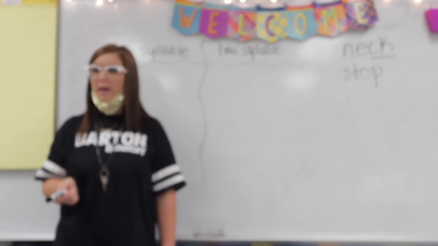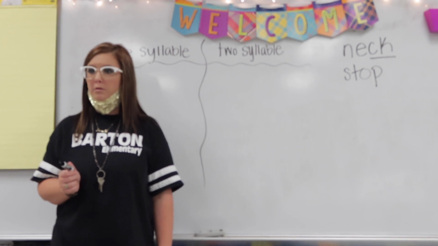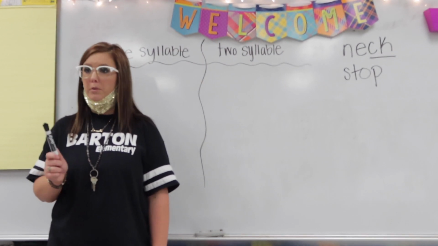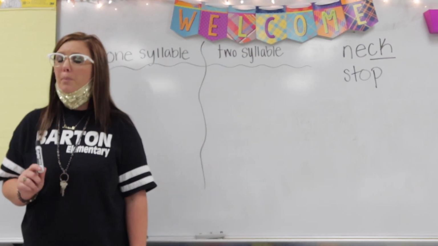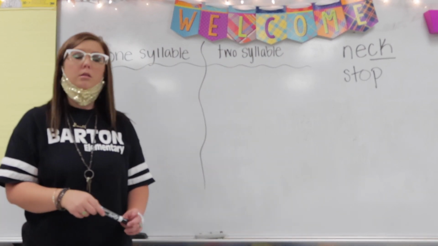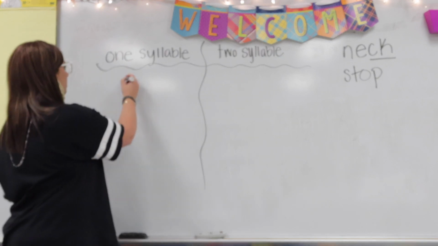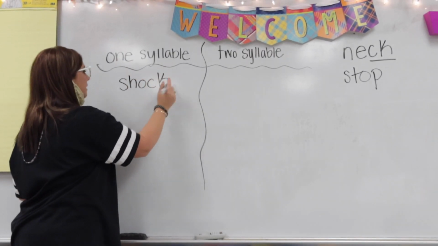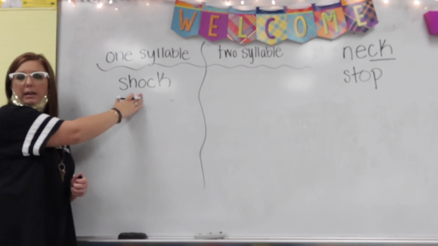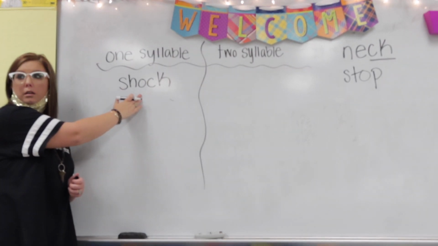So in shock, how many syllables is that word? One. Thank you, Emma. You were the only one that held a finger up. Shock. Is it open or closed? Closed. Why? Because there's a consonant at the end, which makes this O have what sound? Ah. That is exactly right.